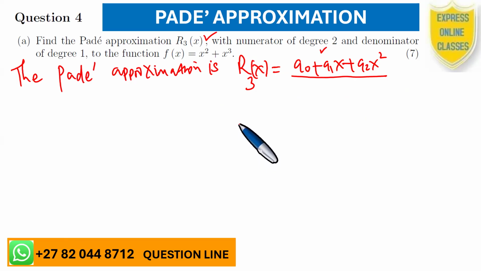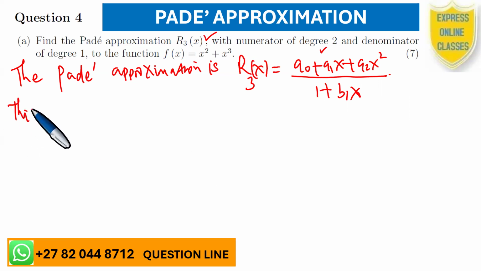So now you divide by a denominator of degree 1, but you see this denominator of degree 1 is actually written as follows. It's written as 1 plus b1x.